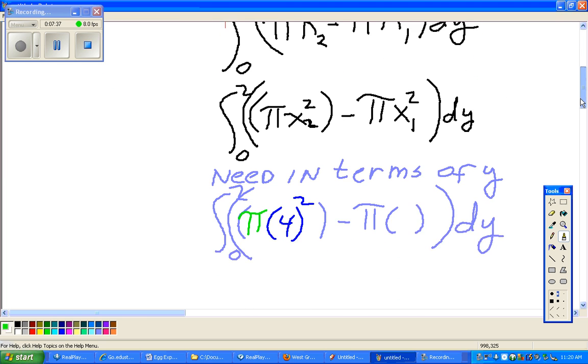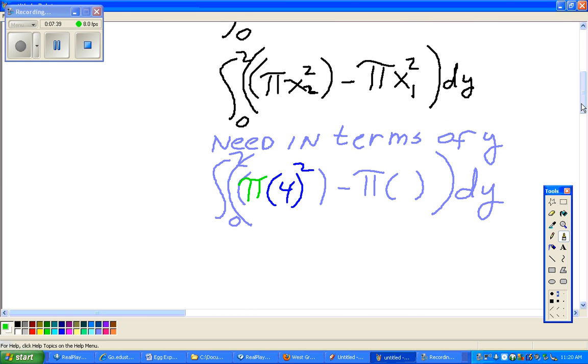So when I come down and replace this x, that x is replaced with y squared. Do I still have a squared term on the outside? I still do. So now he's set up enough that we can begin to solve it.